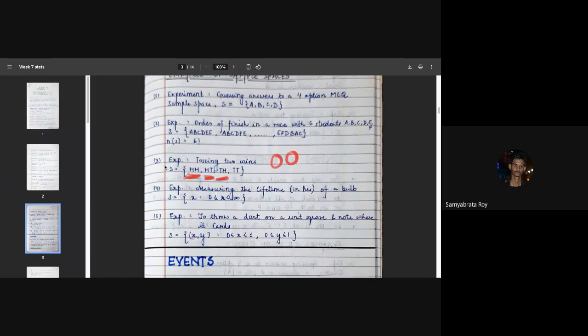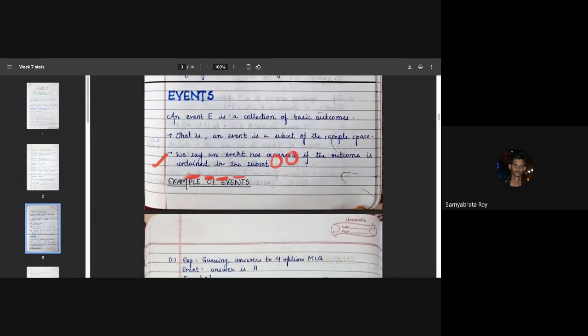Tail, head could also appear, and tail, tail could also appear. There's no possible outcome outside the scope of this set. Also, no two outcomes can occur simultaneously. Fair enough? You can construct one on your own as well.